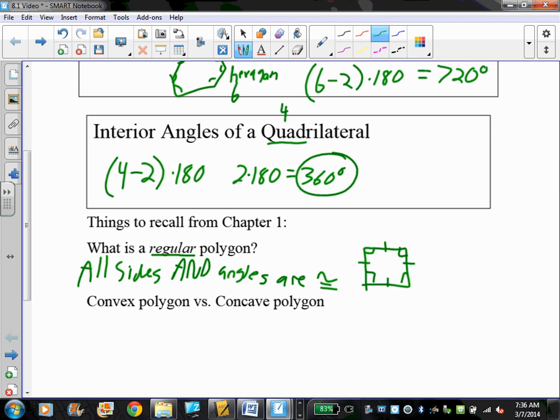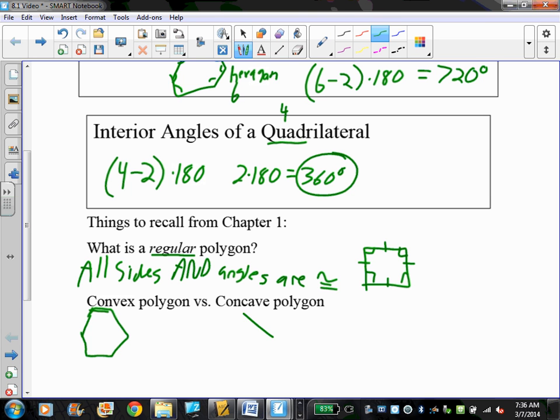Convex polygon versus concave polygon. Convex means that all of the angles are jutting out, like this, where all of the angles are pointing outward. Concave is not like that.